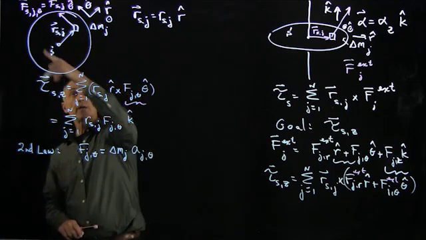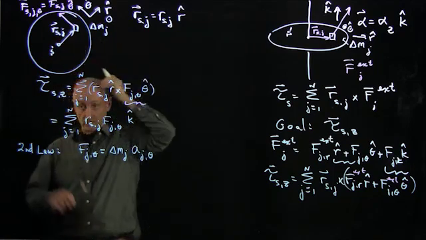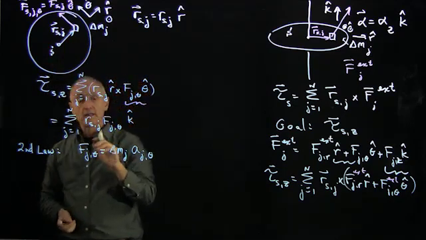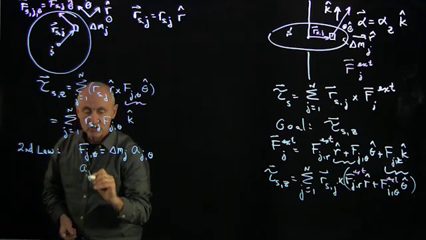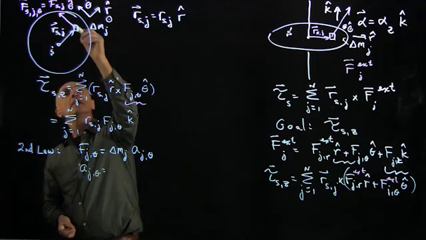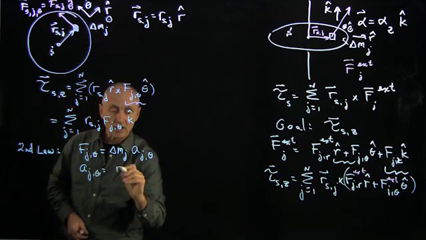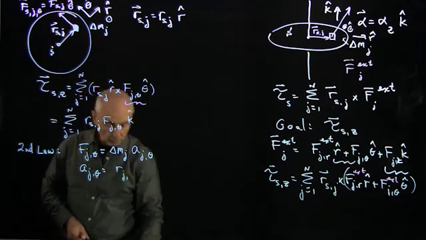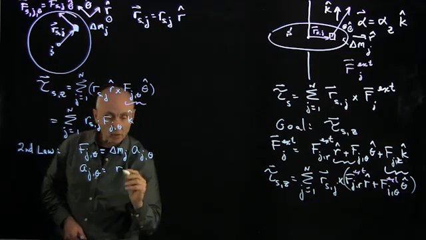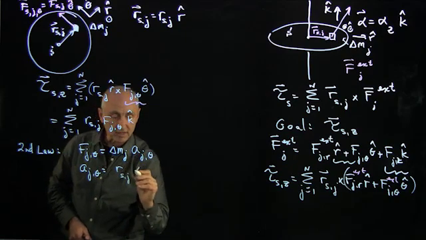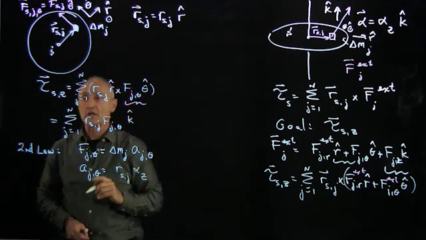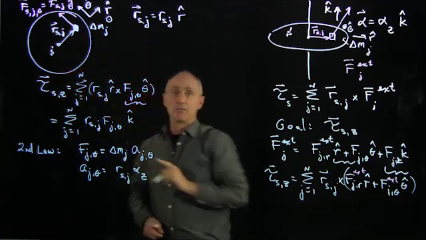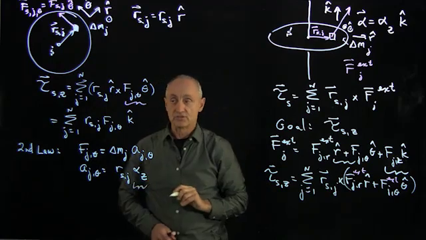Now, for this type of rotation about the z-axis, we know that a_j theta, the tangential acceleration of this element, is just proportional to r_Sj, how far away from the center. And here's the key thing, it's also proportional to the z component of the angular acceleration. And every mass element in the body has the same alpha z.